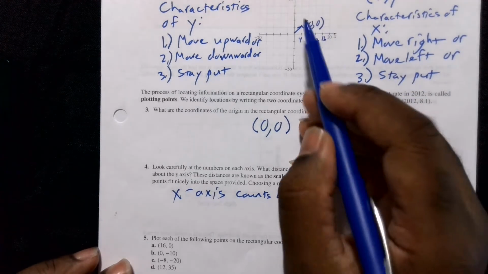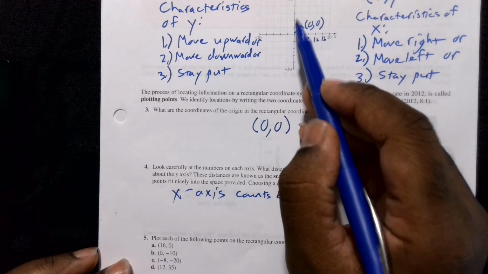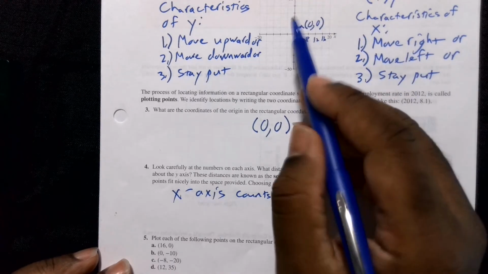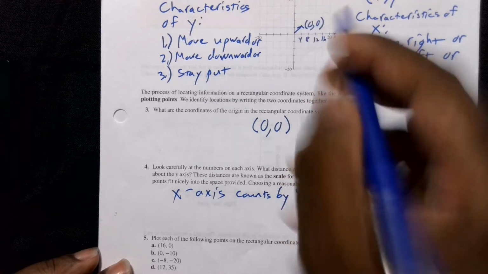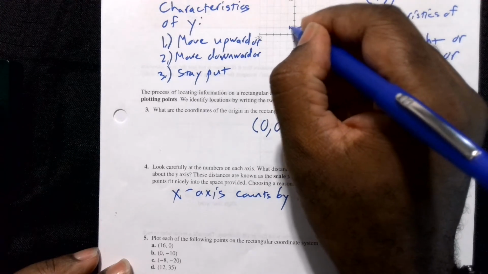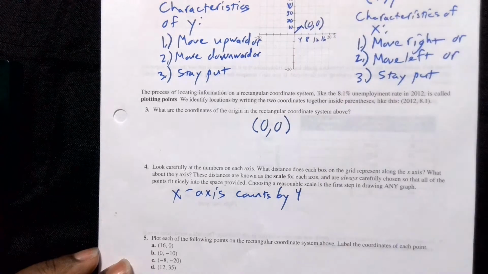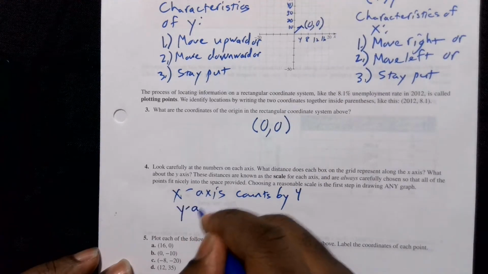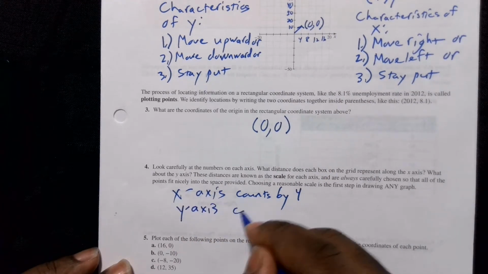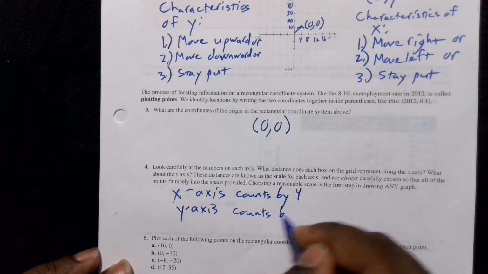Now if we look at the y-axis, we go from the origin 1, 2, 3, 4, 5 places up. So 50 divided by 5 is 10. So each one of these is 10. So 10, 20, 30, and 40. So the y-axis counts by 10.